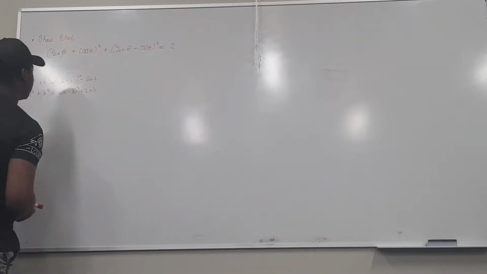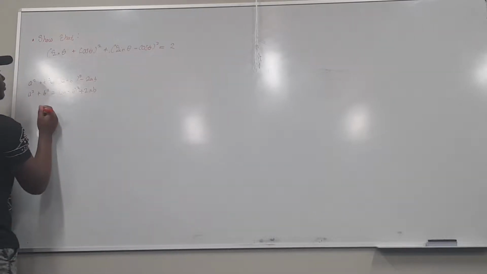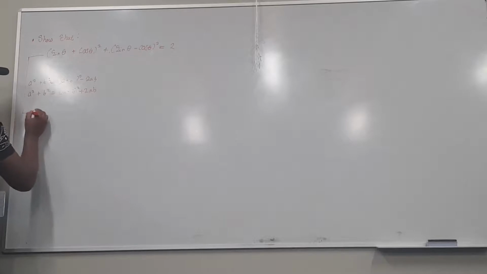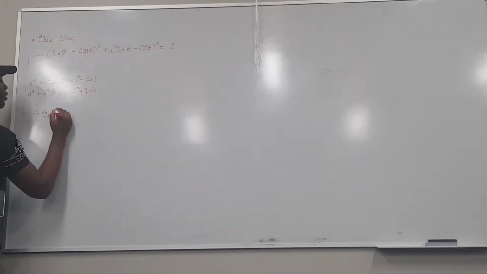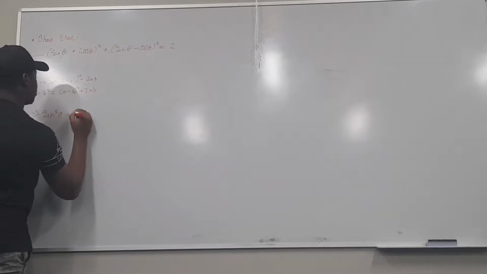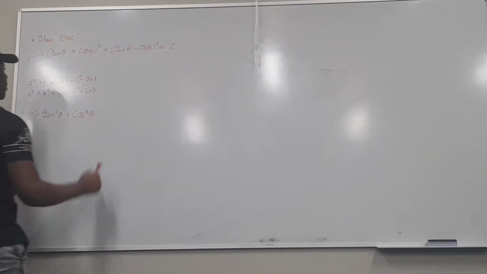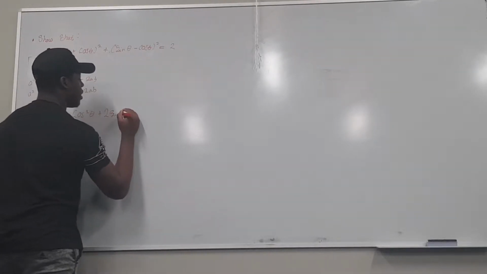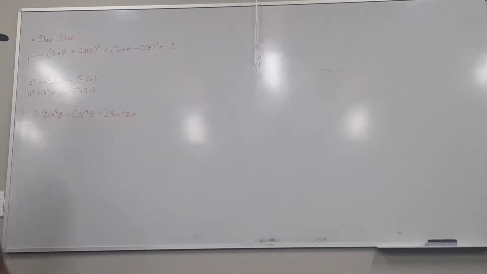So a is sine theta and b is cosine theta. Let me draw that: this is equal to sine squared theta plus cosine squared theta plus 2 sine theta cos theta. That's one part of the equation.